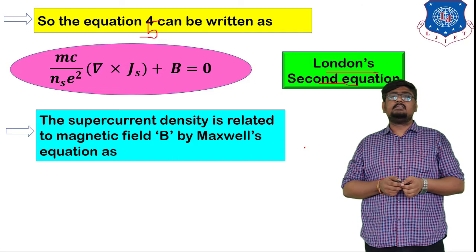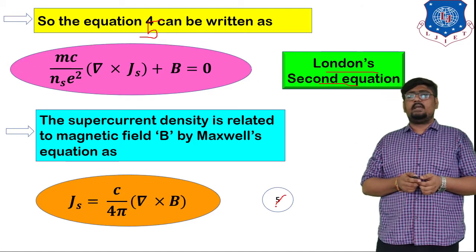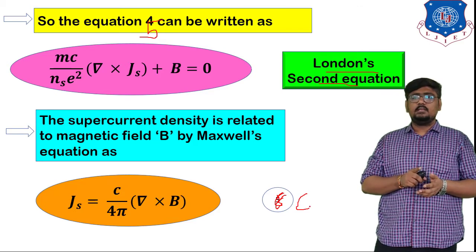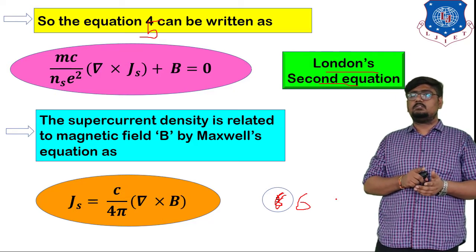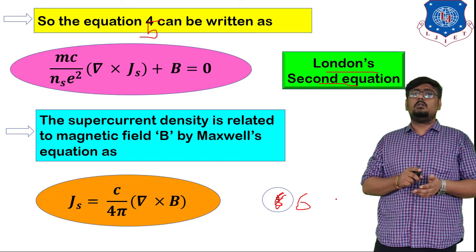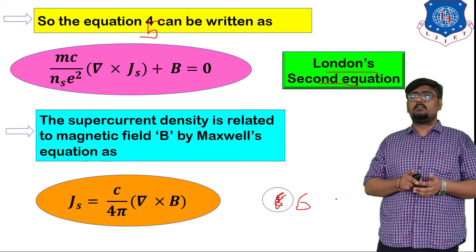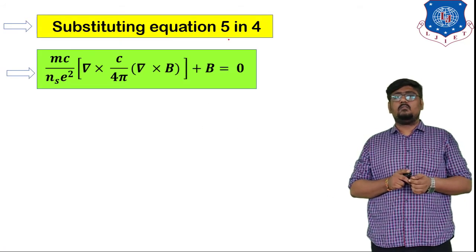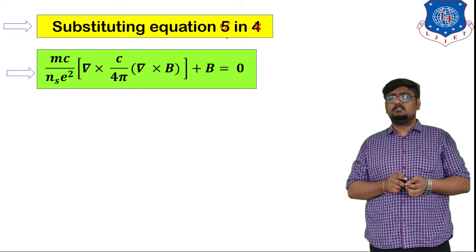We know that Js equals c upon 4 pi into curl of B. This is the second Maxwell equation. The first Maxwell equation was curl of E equals minus 1 by c del B by del t. Now the second Maxwell equation is Js equals c upon 4 pi into curl of B. On substituting the value of this second Maxwell equation in the second London equation, we get mc upon Ns e square into curl of c upon 4 pi into curl of B plus B equals 0.